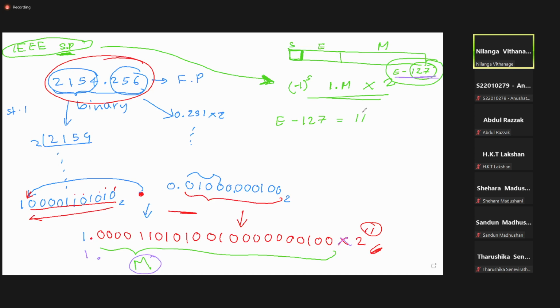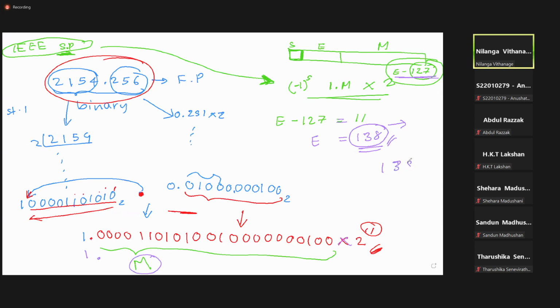So E minus 127 is 11. Right now, you can take the value for E as 138. So this is the E. Then you get the answer for E. This 138 is in decimal format now, so you have to convert this decimal number into a binary number.